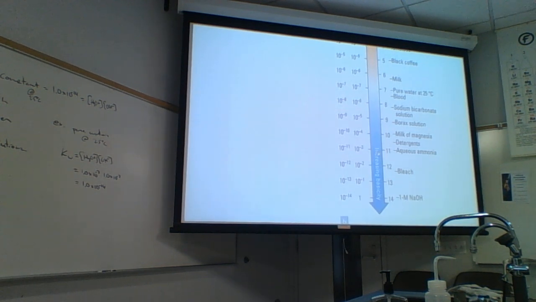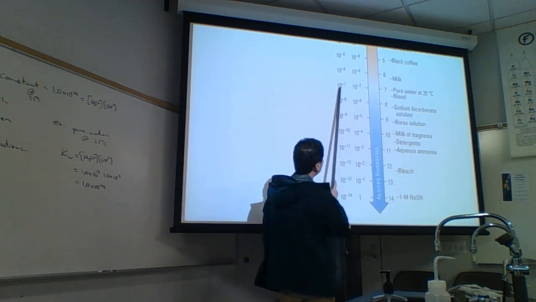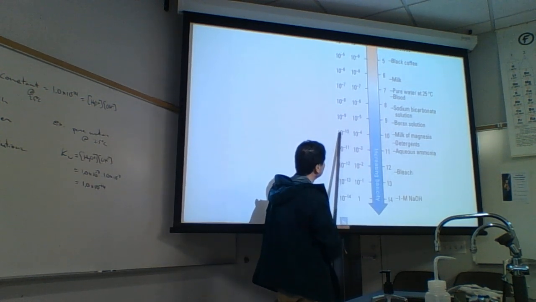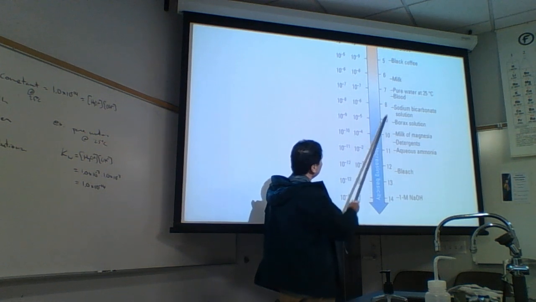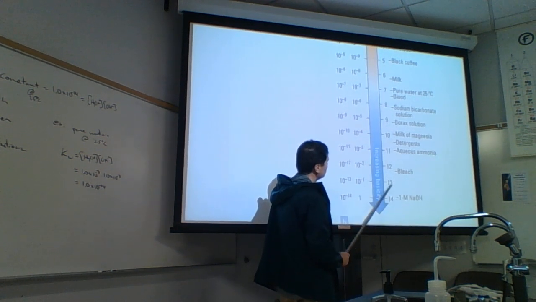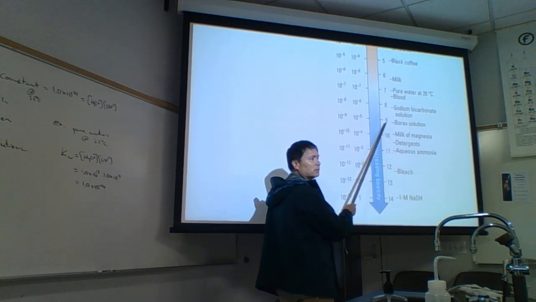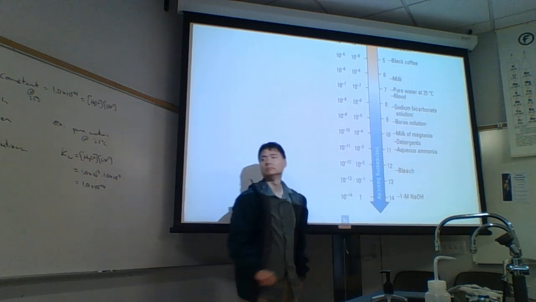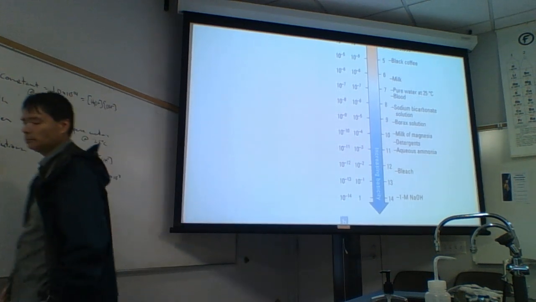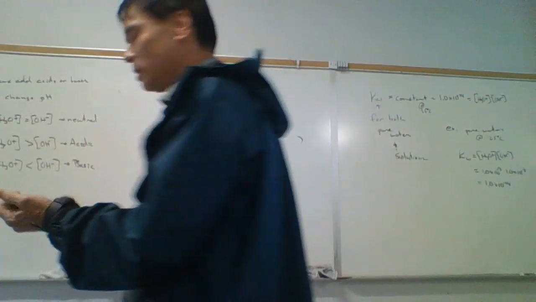Strongly basic solutions are going to have pHs above 7. And strongly basic would be like 13, 14 plus. And these would be moderate, and this would be weakly basic. All right, so those are the pHs of some solutions here.